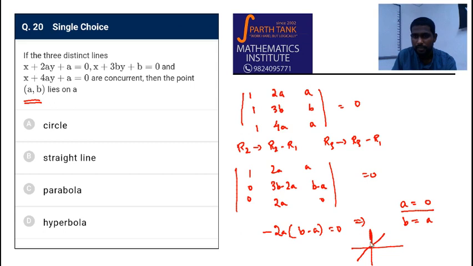So the solution is the y-axis and this line. It represents a pair of straight lines, which is option B. Very simple question: evaluate the determinant and show what the curve is. This curve is neither a circle nor a parabola nor a hyperbola.